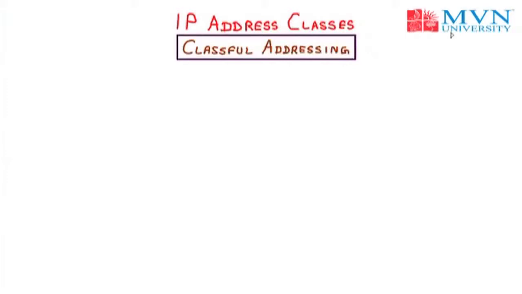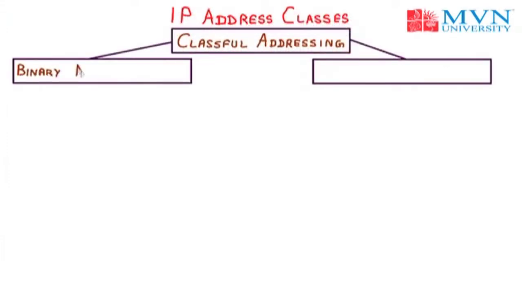So these are the classes A, B, C, D and E. Now the classful addressing is of two types. The first one is binary notation and the second one is dotted decimal notation.